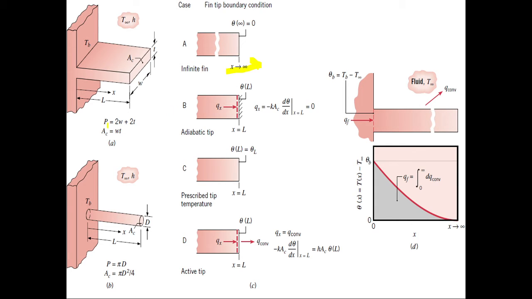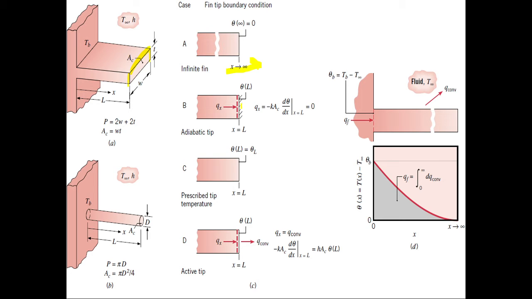And P is 2w plus 2t, that means the perimeter of that fin: w plus this side w, plus this t plus this t, so 2w plus 2t. The area of the fin is length times height. Length is w and height is t, so wt. Is it clear?